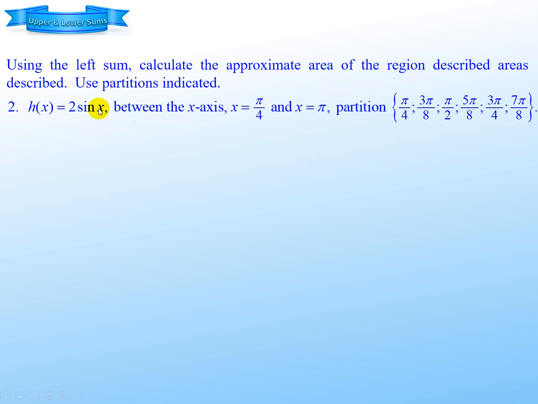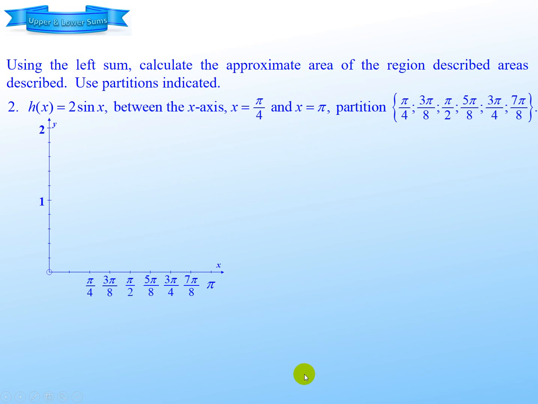If we use h of x equals 2 sine x, now have a look, we're using radians, pi by 4 to x equals pi, with a partition there. We cannot have it undefined, as this would not be possible if it was 2 tan x, because tan is undefined at pi by 2, which is between the two.